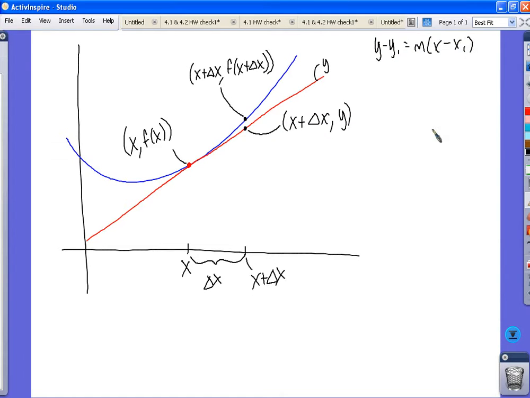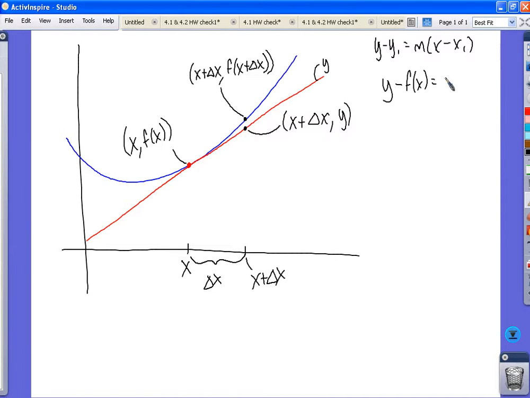This would be the y that we are looking for, this approximated value right here. So that y value minus y1, which is just this guy here. This point is on the tangent line. So y1 would be f of x, equals the slope at the value of x, or at x plus delta x.